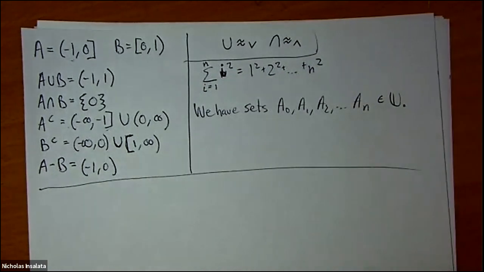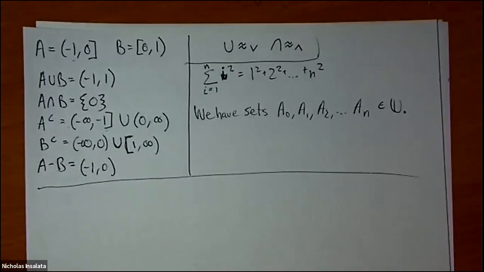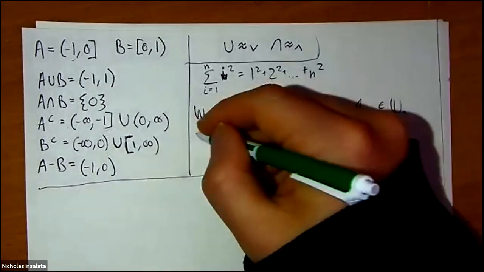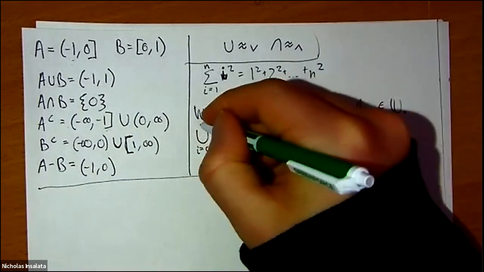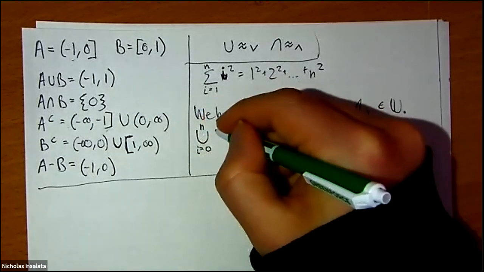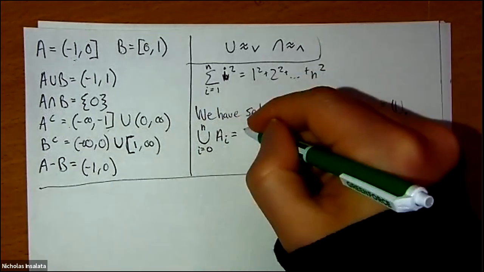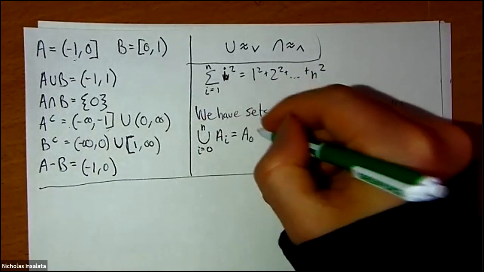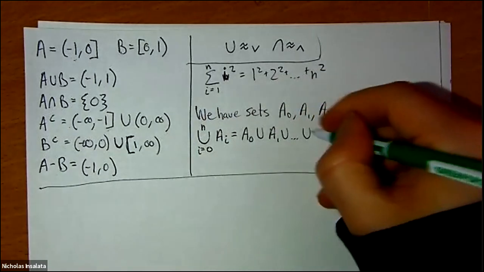In that case, we can describe multiple intersections or multiple unions. I should start with unions. The union from i equals 0 to n of A sub i is going to be equal to A0 union A1 union ... union A sub n.